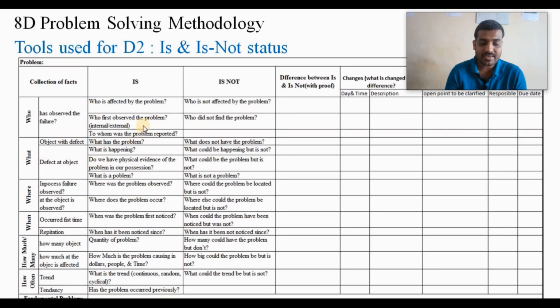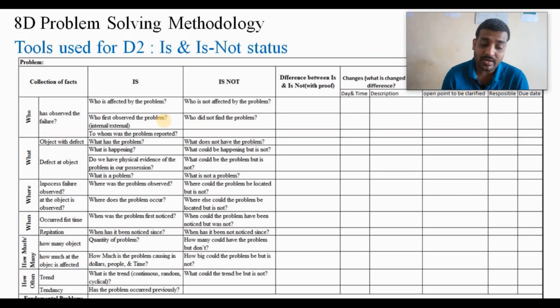Then what is the defect, what has the problem, what does not have the problem, or what is a problem, what is not a problem, in this way. Okay, then where it was observed, where it was not observed, then when the problem was first noticed, when it could not be noticed, in this way.